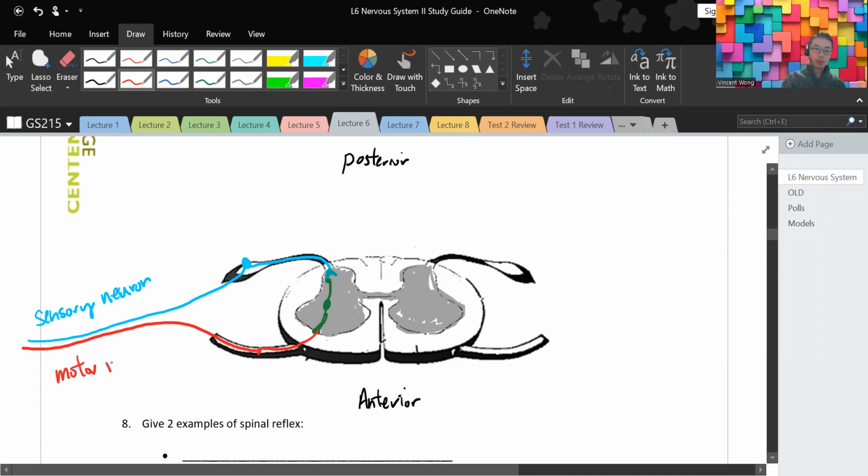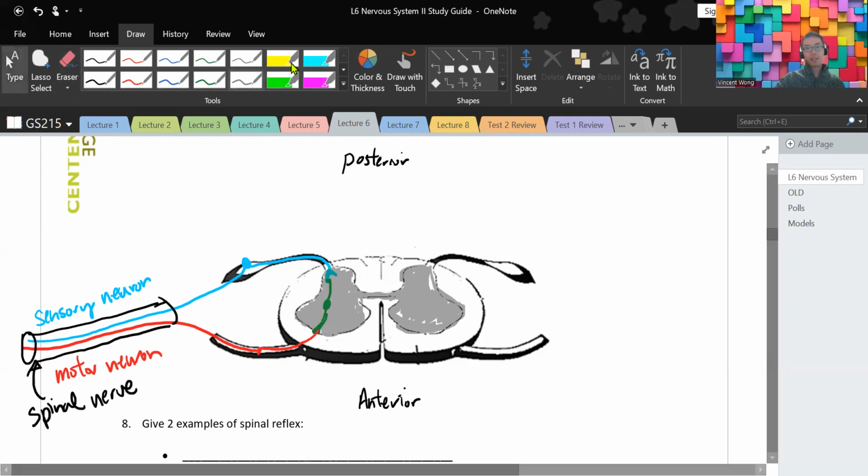Motor neuron. Now, these two things are actually bundled together, right? With some connective tissue. And that forms your spinal nerve. Remember, you have like 31 of these things.